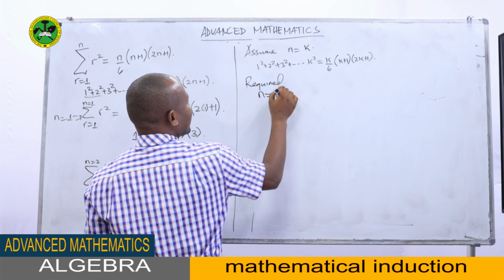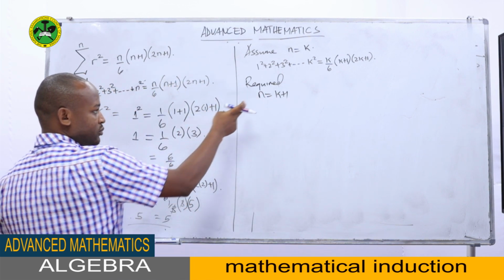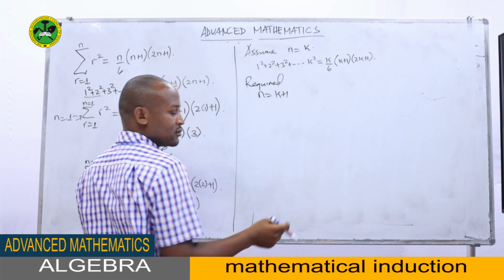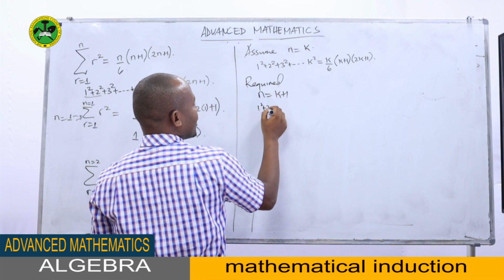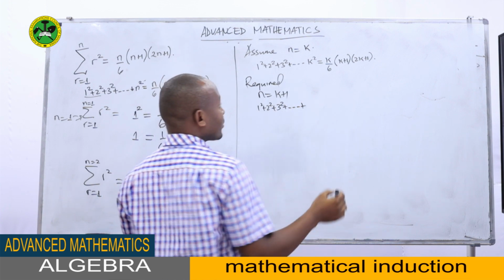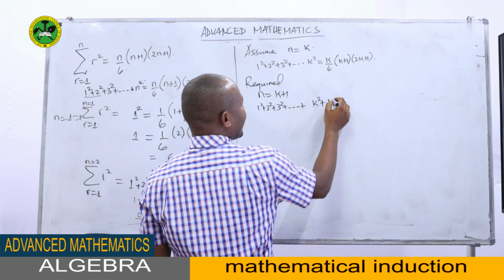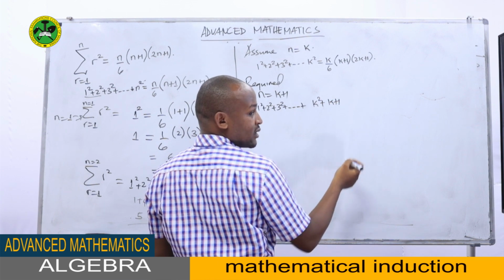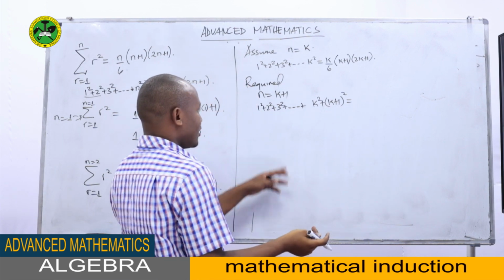prove it when n is equal to k plus 1. Now we add this term there. That means it will be 1 square plus 2 square plus 3 square plus down to k square, then plus k plus 1 the whole square. That means we are supposed to have the following.